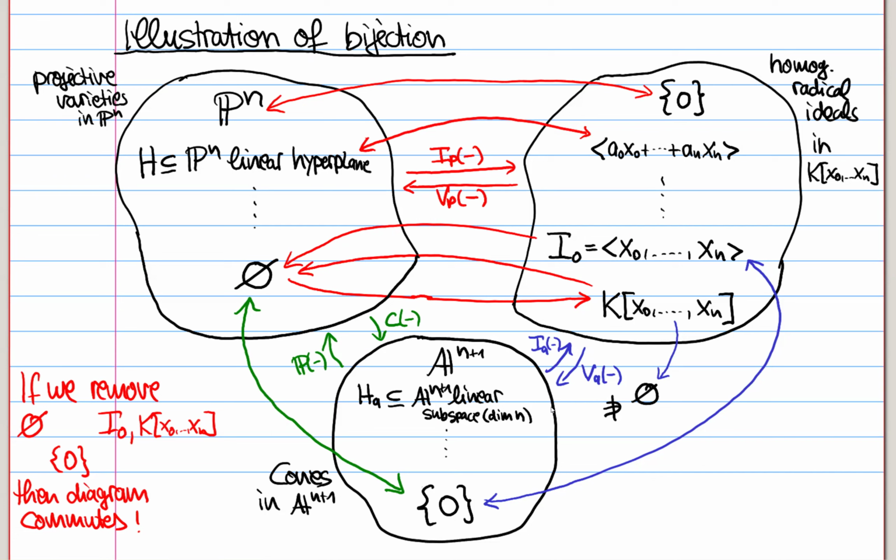There are always these few complications because you restrict to homogeneous polynomials, and you have to be a bit careful about this irrelevant ideal versus the full ring. Okay, so I hope this diagram made things clearer rather than less clear. But anyway, we have finished the discussion of the projective Nullstellensatz now.